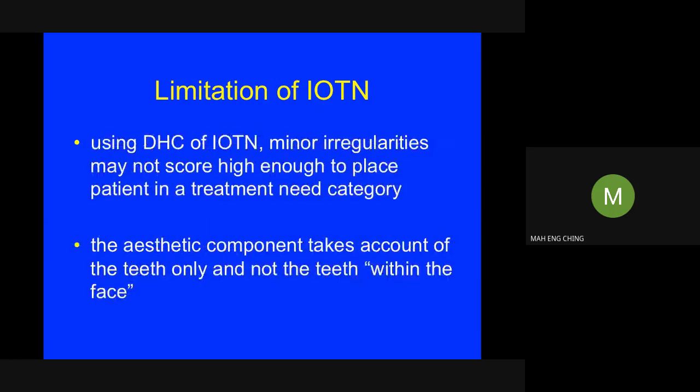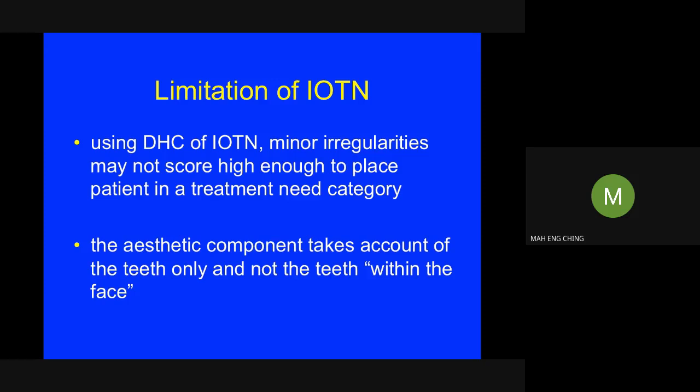So using the IOTN or the DHC, dental health component, some minor irregularity may not score very well. For example, the spacing does not score at all, but you still have to treat the patient because it's still a need for the patient. So the aesthetic component takes account of the teeth only and not the teeth within the face.